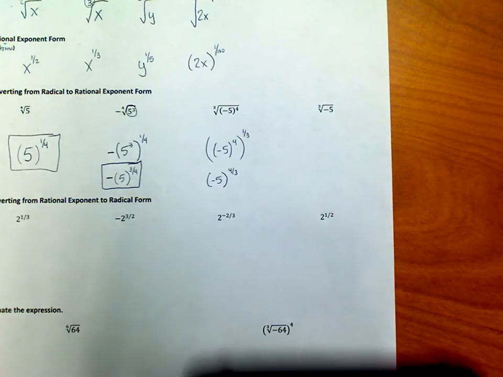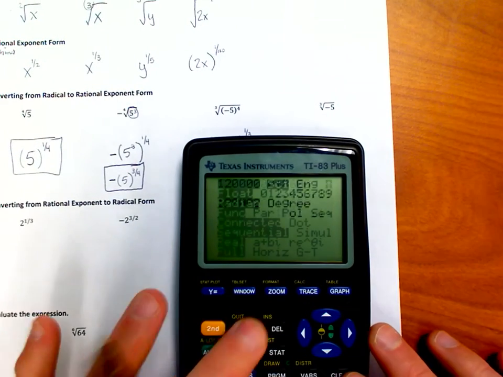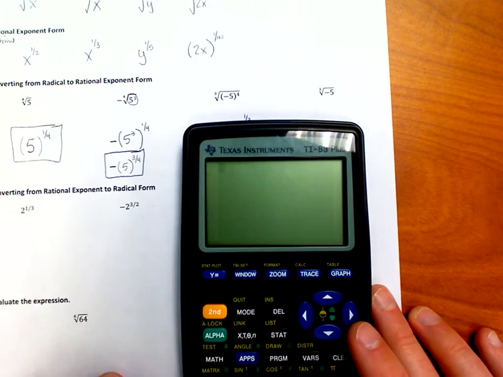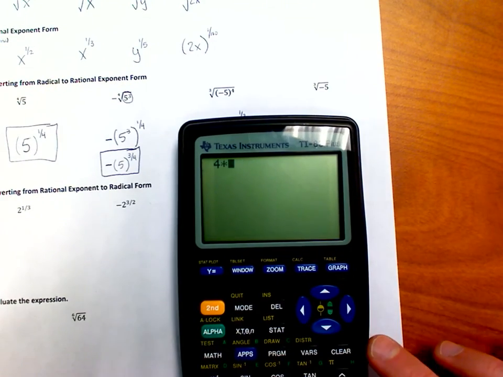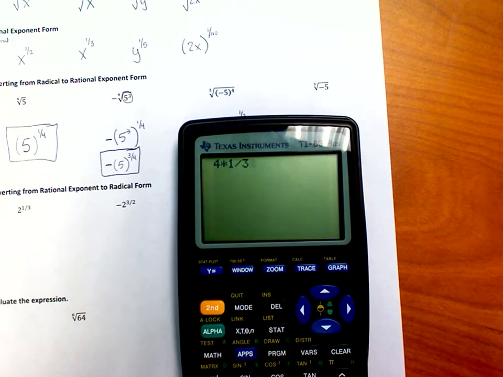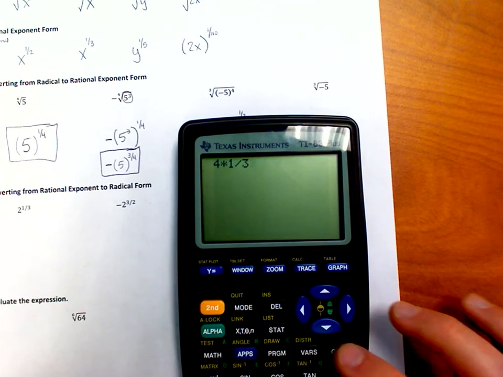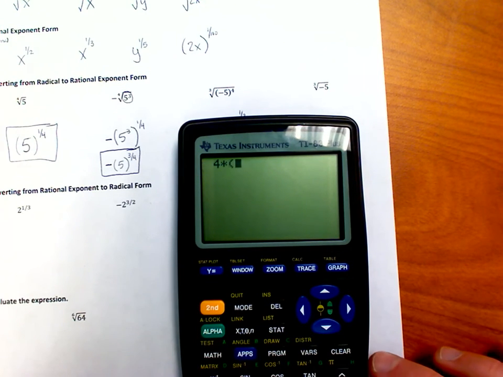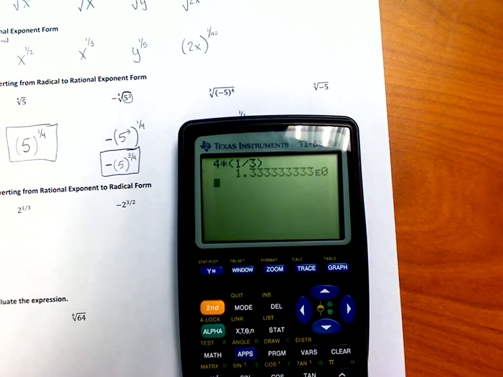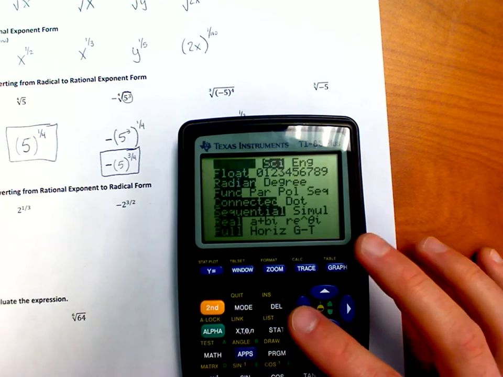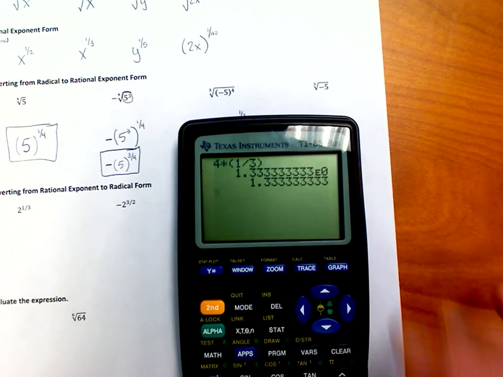Let me show you real quick how I can do that if the fraction gets more difficult. I can take 4 times, and be careful, it's not 1/3, that would work, but we want to do 4 times parentheses 1/3. It doesn't make a difference in this problem, but it's a good habit to use parentheses when we're working with fractions. 4 times 1/3 gives me 1.33333.